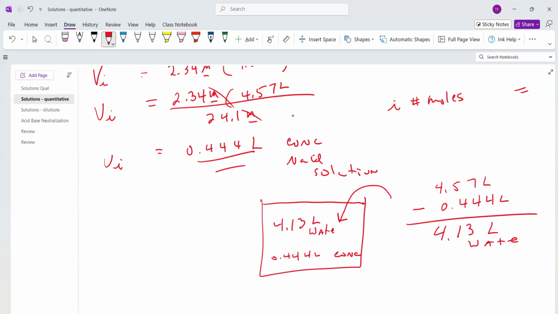We need to add the 4.13 liters of water to bring the final volume up to 4.57. Okay, does that make sense? So the first calculation is how much of the concentrated stuff we need, and then we supplement it with water to bring up the final volume. Okay, that makes sense?